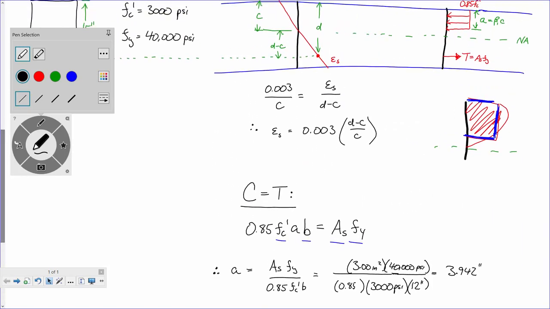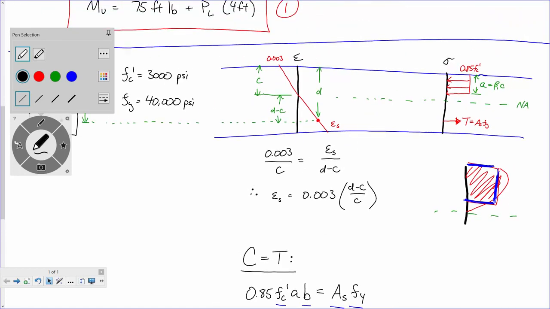So we can do a couple of things with that knowledge. So if I go back up to my stress profile, so I'm looking here in this top right corner, I'm looking right here, okay? That a distance told us what the value of a needed to be such that C equals T. So this force and that force are identical, right?